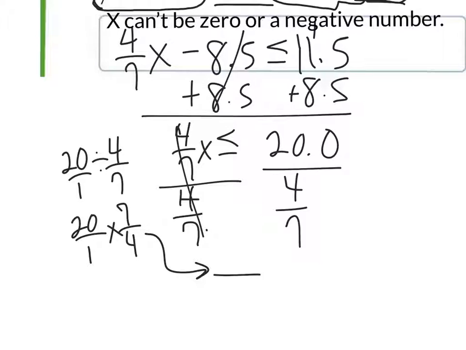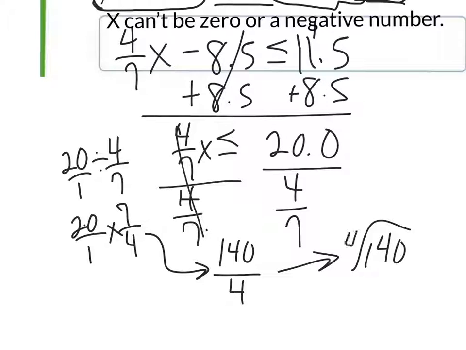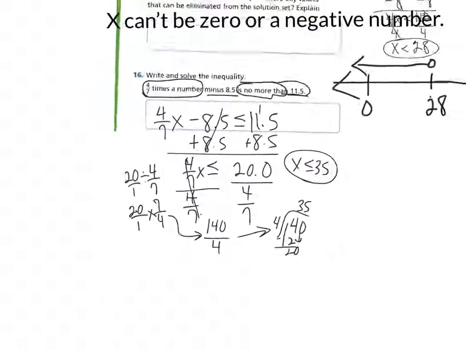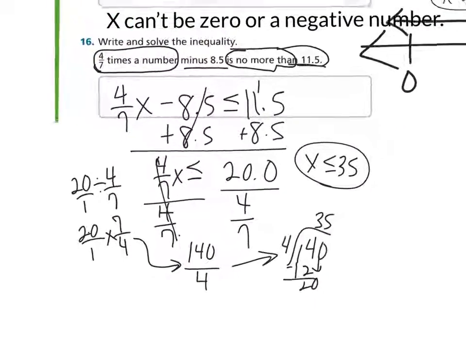Technically, we could reduce factors, the 20 and the 4, we could reduce both of those by 4. Otherwise, if you multiply straight across, you'll get 140 divided by 4. Which would be 35. So x is less than or equal to 35 would be the answer to our inequality.